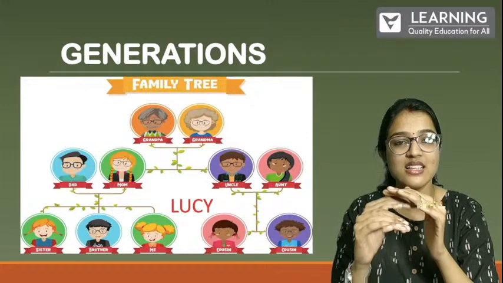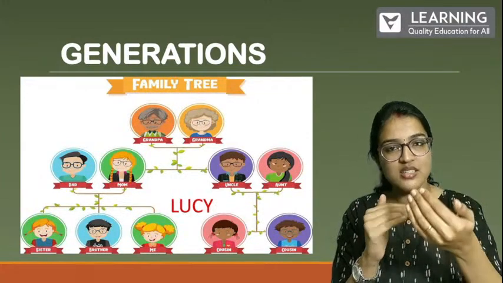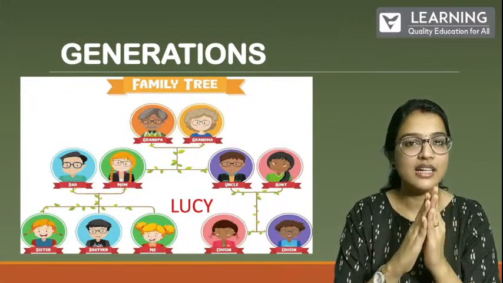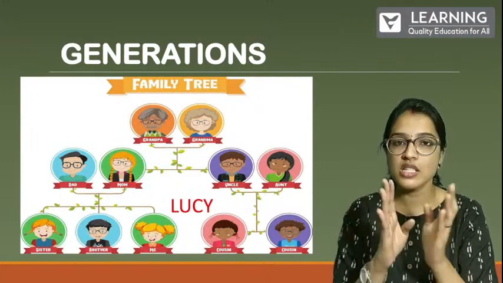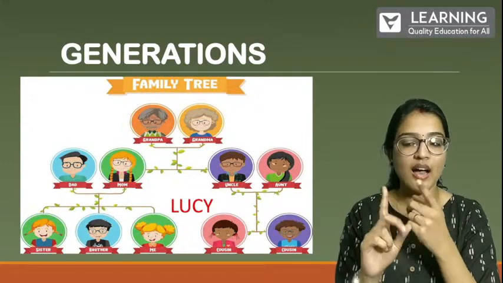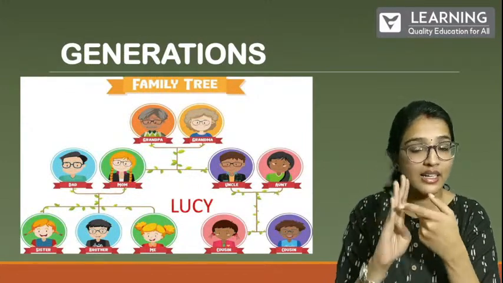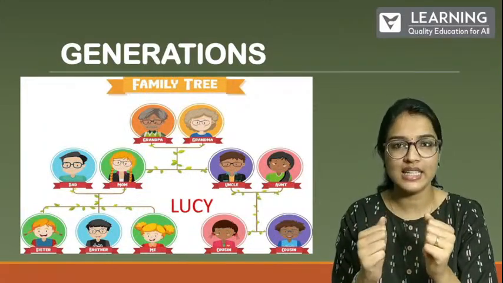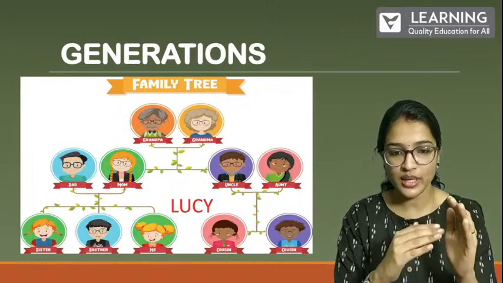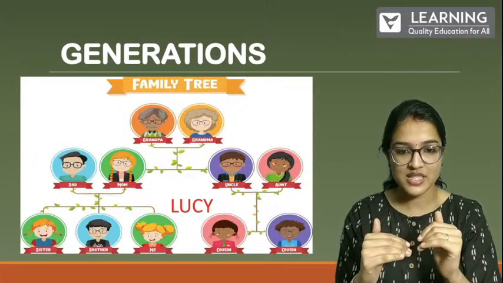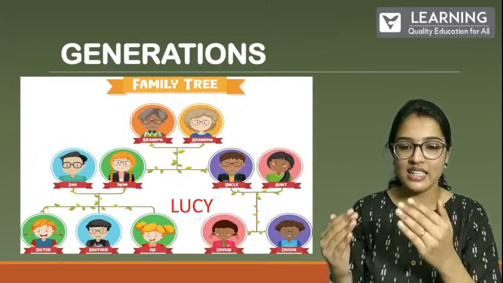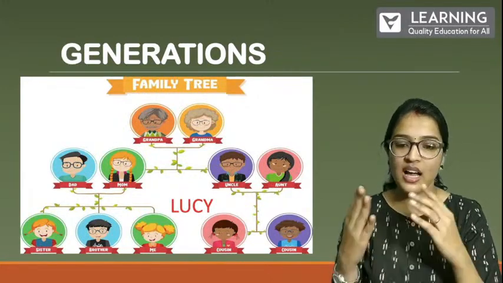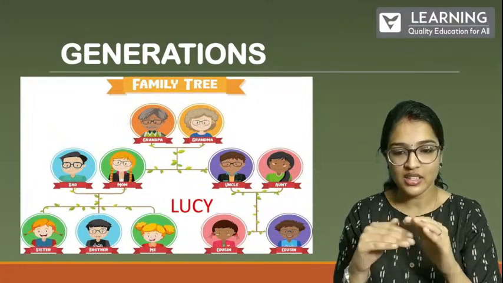So the first generation is grandparents, the second generation is dad and mom and uncle and aunt. Why? Because these four people will be of the same age group, so we will take it as one generation. Then comes the children, right? Dad and mom have Lucy, a brother and a sister. Uncle and aunt have two kids.